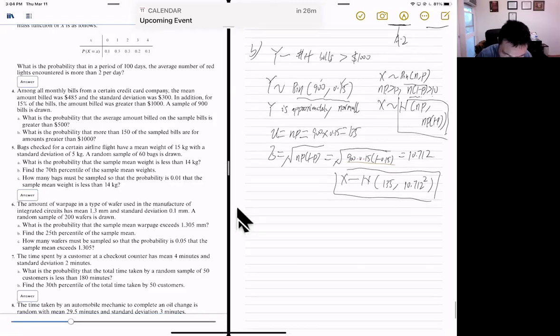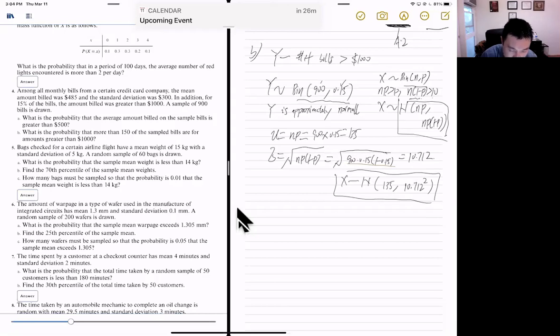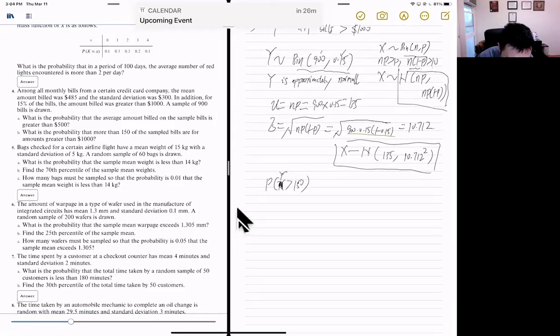Okay, so now we know it follows a normal distribution. The question is asking P of Y larger than 150. So one more thing is called continuity correction. You may forget what that means.